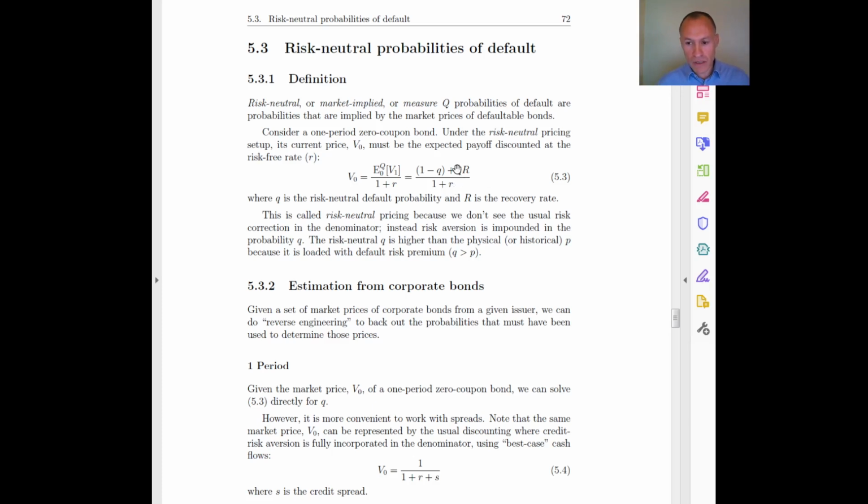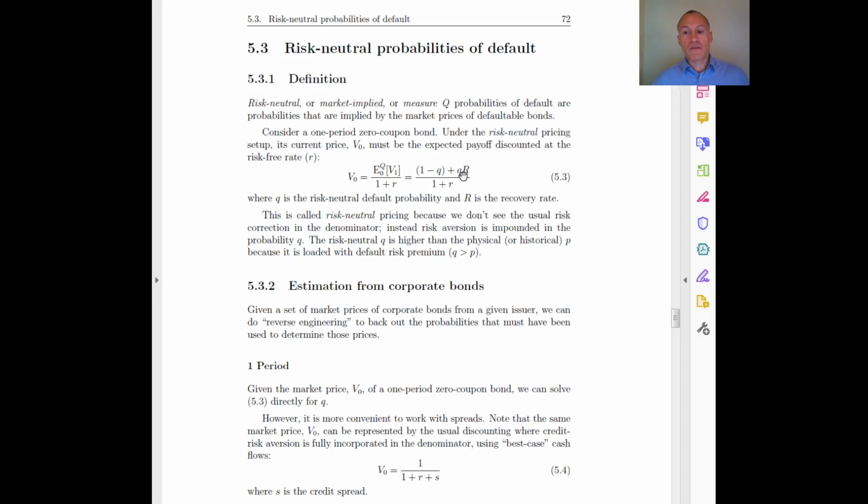What I am doing is adjusting for the fact that investors are really risk averse by messing up the probabilities. So instead of calling these probabilities the usual P we have been using before, now we are calling them Q to denote that these are adjusted probabilities. They are compensating for the risk aversion that investors really have.